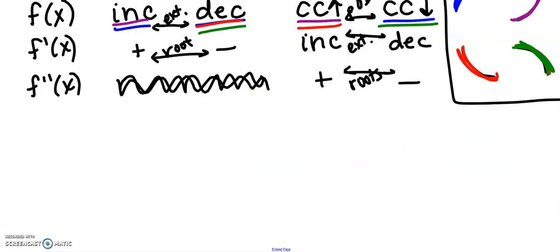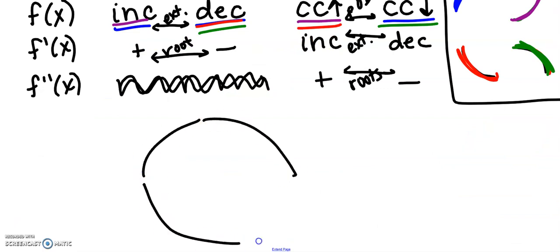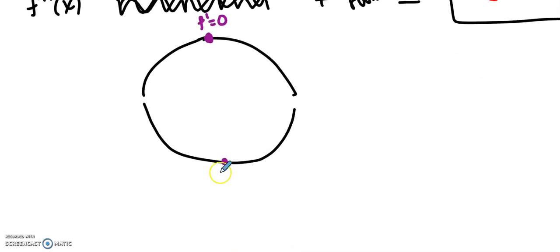Reminder two, the last chart that we've looked at, putting together those four curvatures, could look like this. This would be a critical number where f prime is equal to 0. This would also be a critical number where f prime is equal to 0.